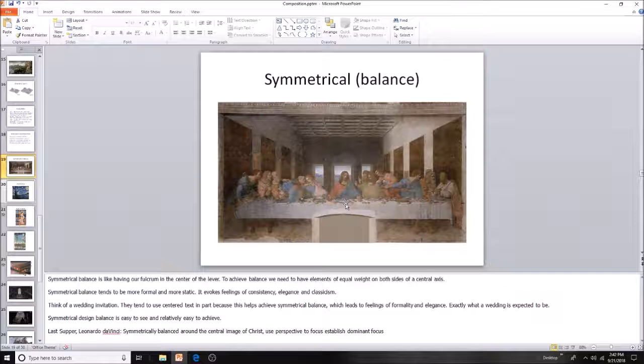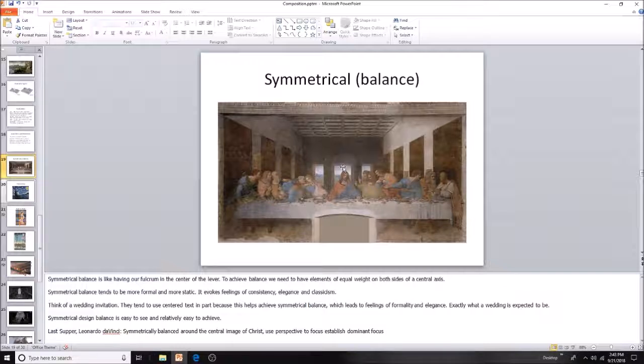Again, it's very balanced. We have this central figure in the middle, which is static. And then on either side of it are these densely packed figures, right, that are balancing each other, like on this fulcrum point. The other interesting thing is that they've used the architecture for linear perspective so that the vanishing point is actually right behind Christ's head.